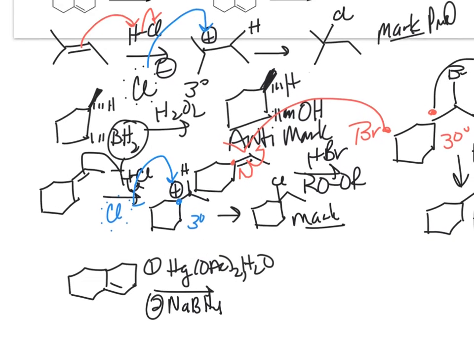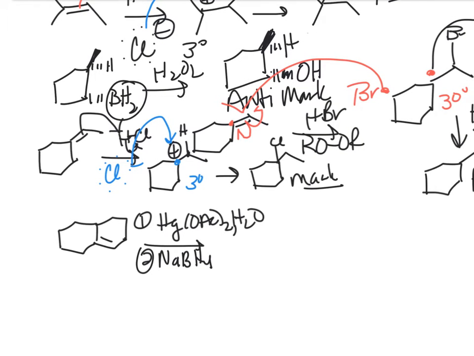So essentially what happens here is the mercury forms the mercurinium ion, which is very big. So mercury is going to kind of hang out on both of those carbons. And then water is your nucleophile, and it's going to add to the more substituted carbon. This is a Markovnikov addition.